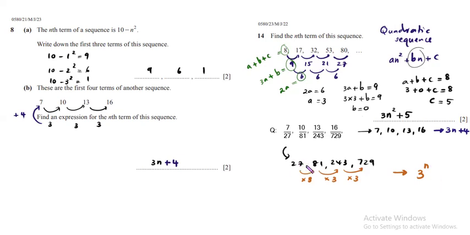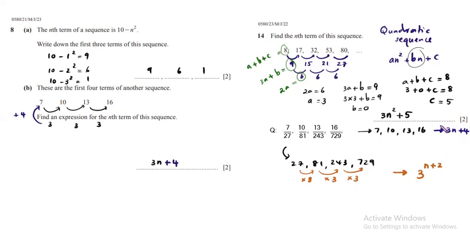But in the sequence, I have 27. So to get to that 27, I need to add a 2 to this n here, which means when I replace 1 for this n, it becomes 1 plus 2, which makes a total of 3. So 3 to the power 3 is equal to this first term, which is 27.